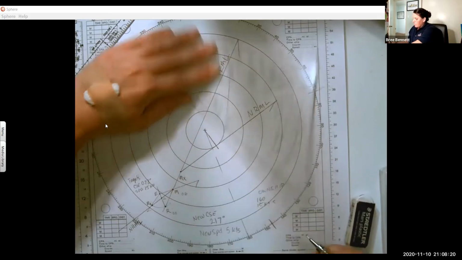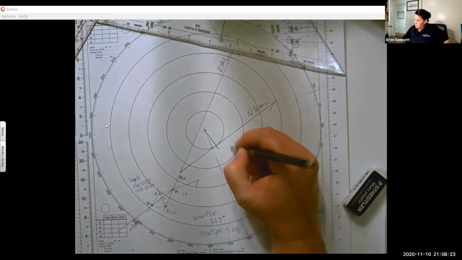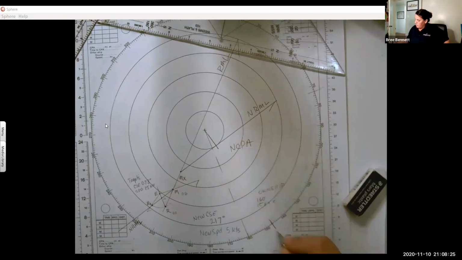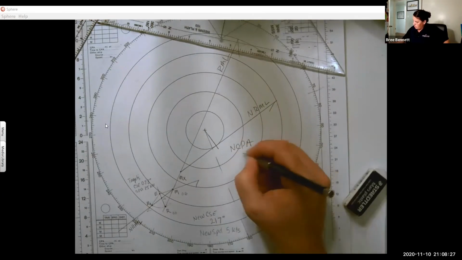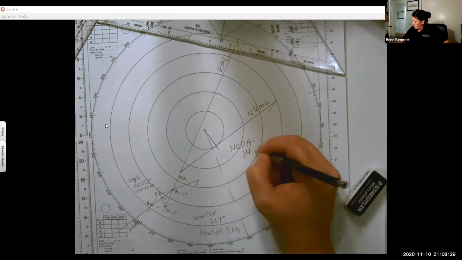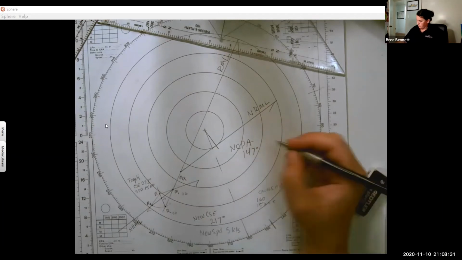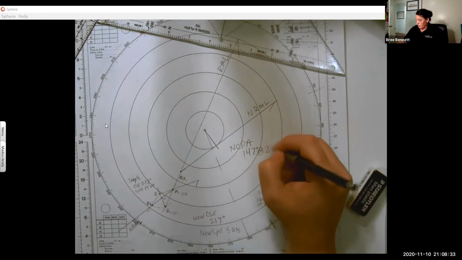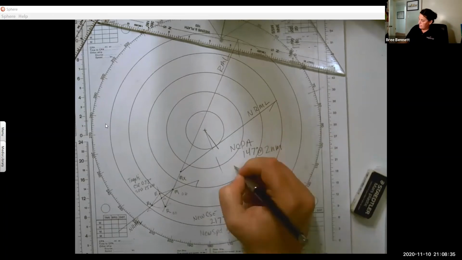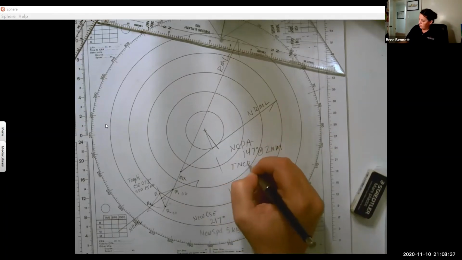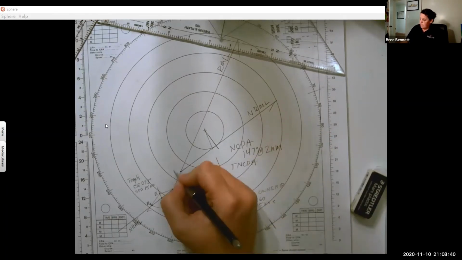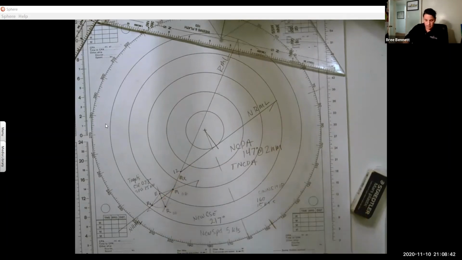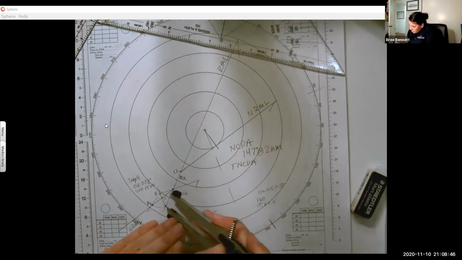So my bearing of CPA, my new CPA, is going to be 147 degrees at 2 nautical miles. And then my time of new CPA, this was at minute 12. So let's get my minutes here.